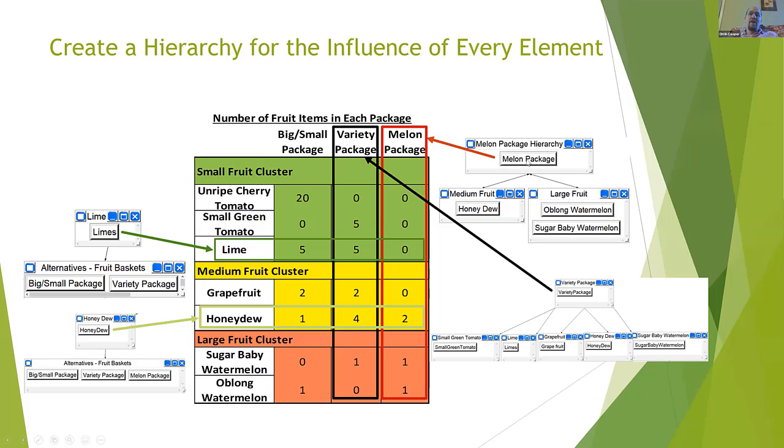If we look at the melon package, thinking of a hierarchy, we didn't have these in clusters. Here we put them in the clusters that we used. Clusters are just a convenience. The image we provided in the paper emphasizes this: if we think of these as hierarchies, they are essentially the same type of hierarchy. We've just used the clusters.